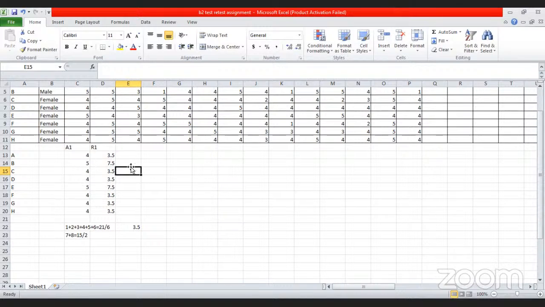So we do 7 plus 8, as 5 is twice there, and divide by 2. 7 plus 8 is 15, divided by 2, that is 7.5. So we have to put 7.5 for all the 5. Clear?